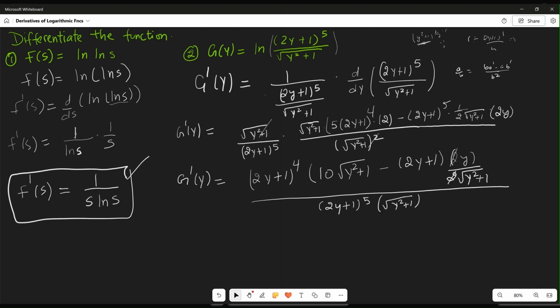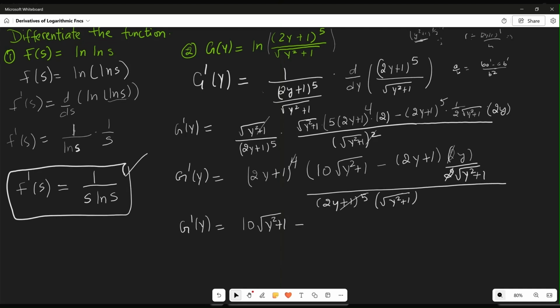2 cancels out. Minus. We'll leave this as it is because it might cancel out with this one later on.